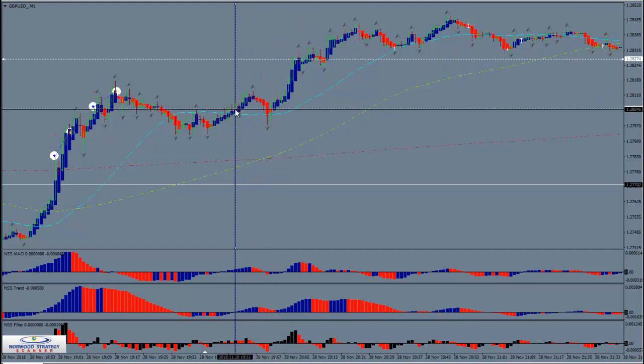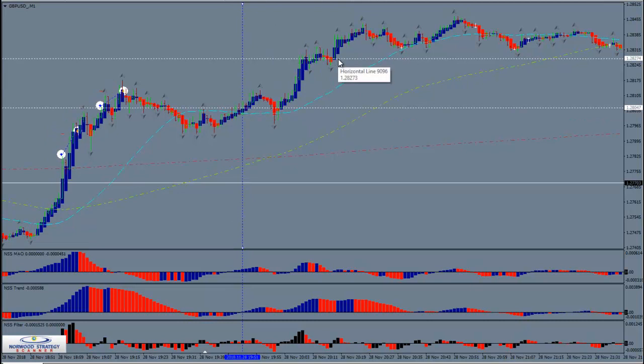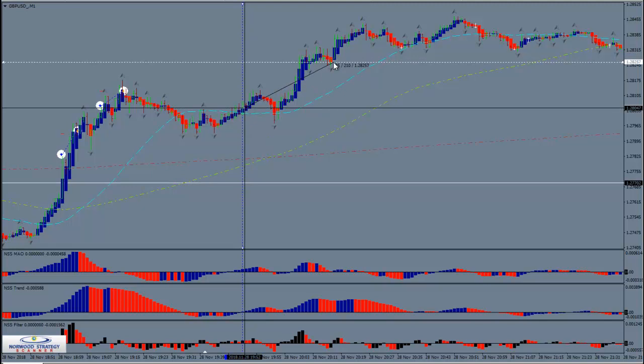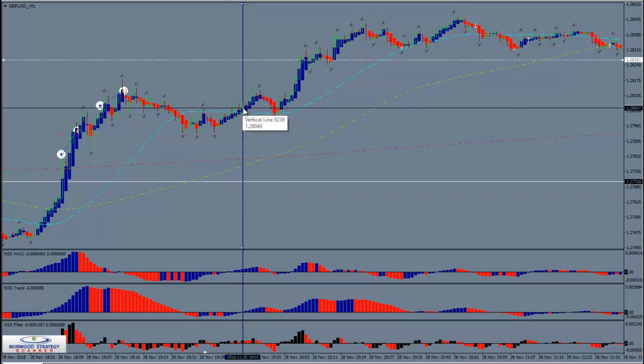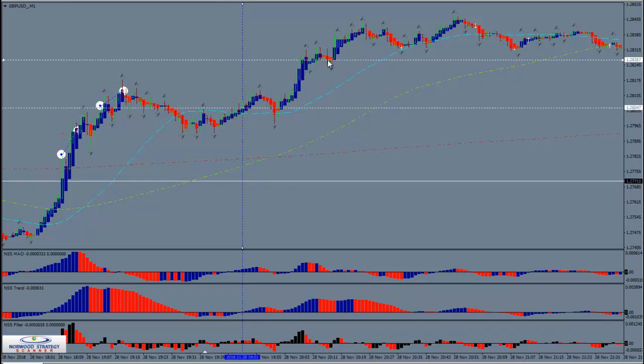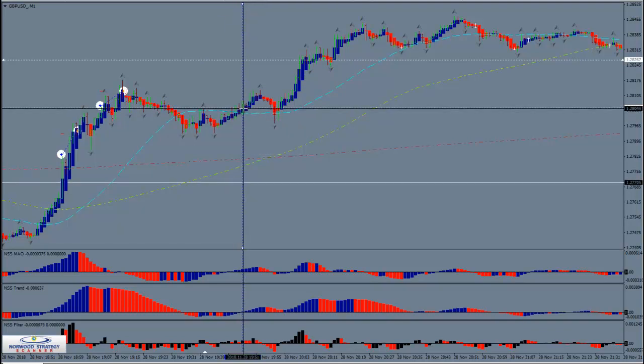Let's double check. That's a little bit higher. At 23. Let me pull that back down so we're realistic here. Okay, so there's 22. So our 22 pip protection there, it comes back to 25, so we're at a 3 pip buffer.